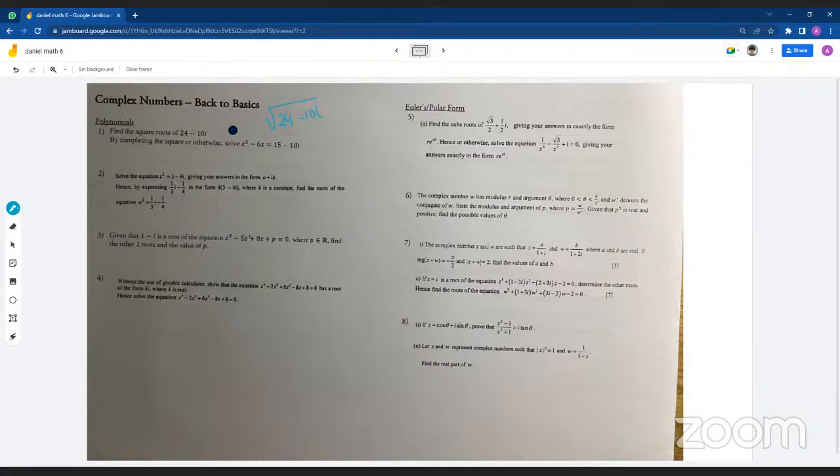Where are you doing it? Please do it on Jamboard if you can, so that I can follow you. I'll finish on this and then do it on the Jamboard. Please do.